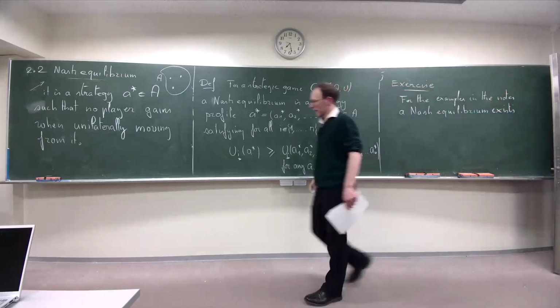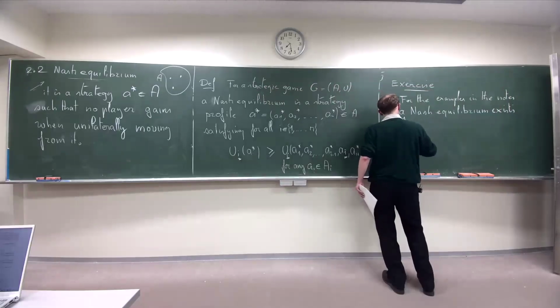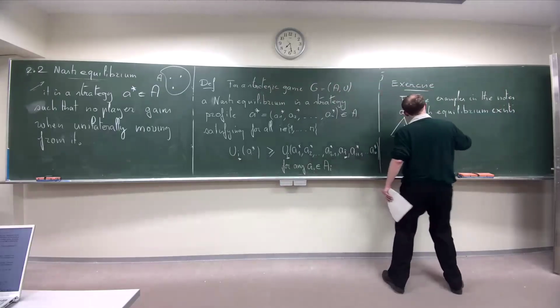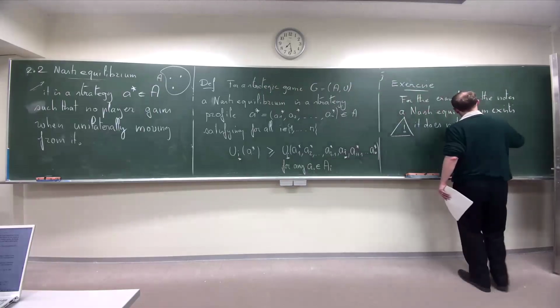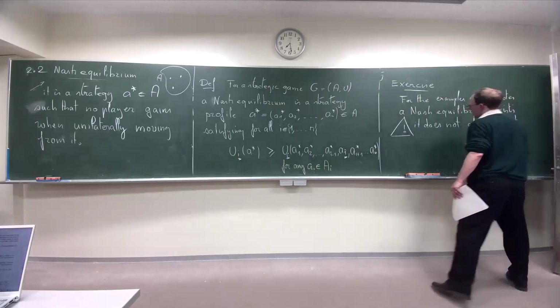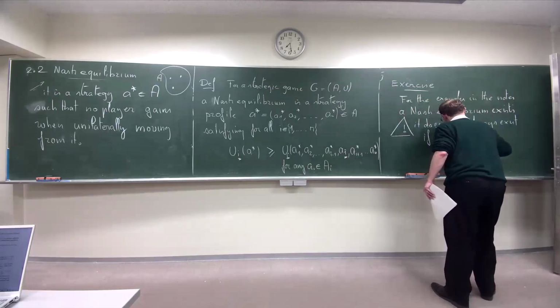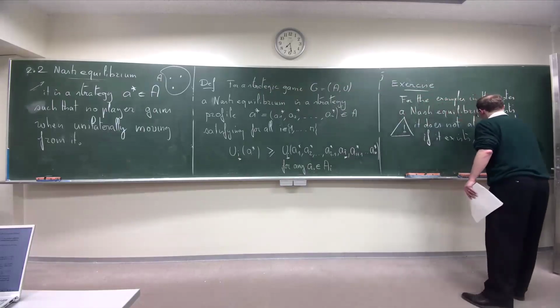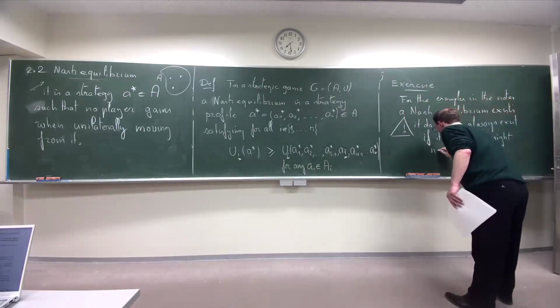So you can check, but be careful, I'm not claiming that it always exists. In general, it does not always exist. And if it exists, it might not be unique.